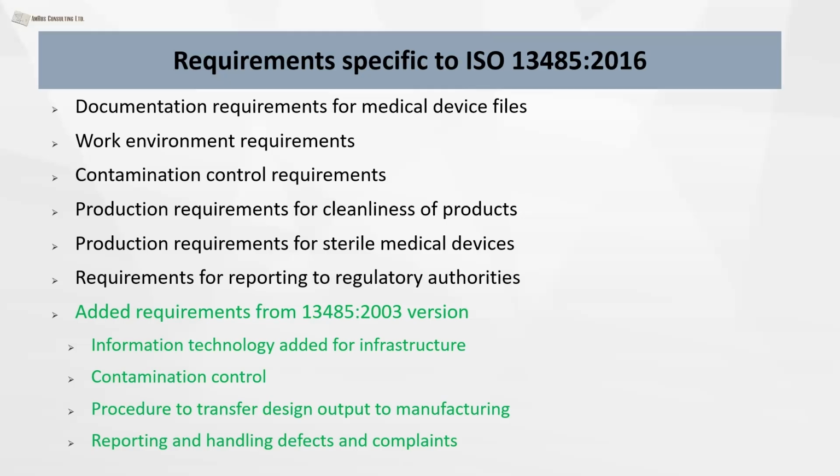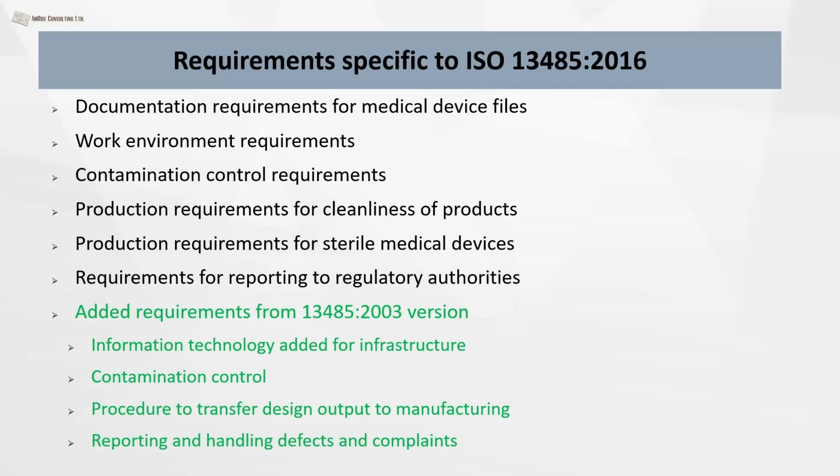Also, another requirement is a procedure. How do you transfer the design output to manufacturing? So it's important that this particular step is planned because sometimes going into manufacturing, especially if it's large volume, requires special consideration, equipment, and so on.